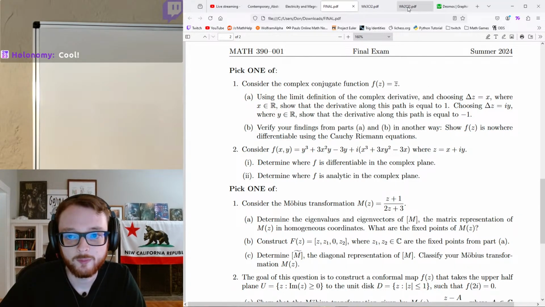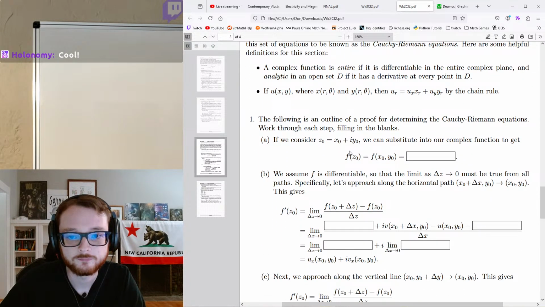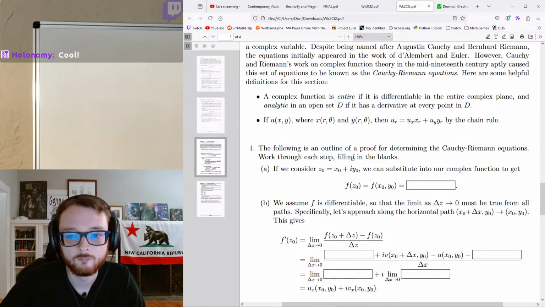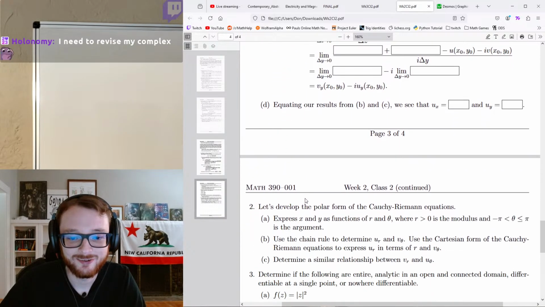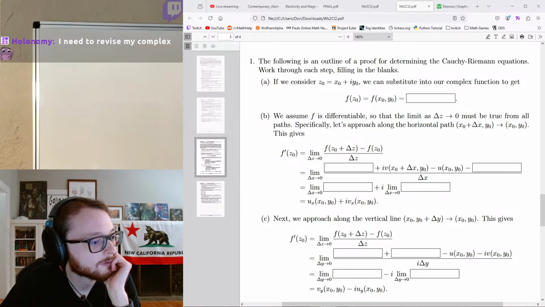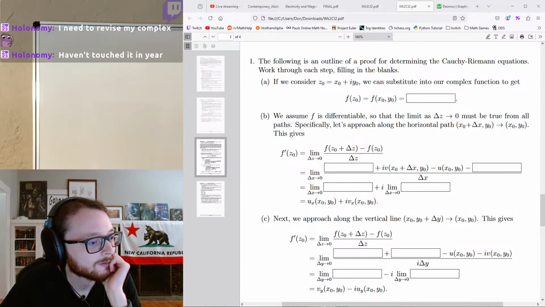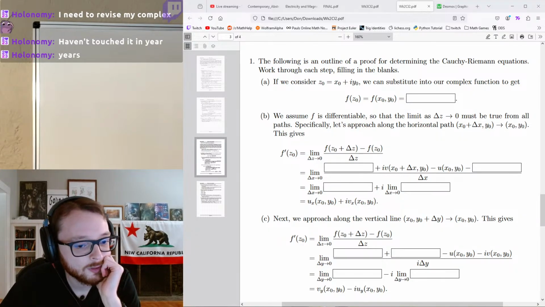And I need to remember what the Cauchy-Riemann equations are. I need to look at the actual notes for this to see the Cauchy-Riemann equations.